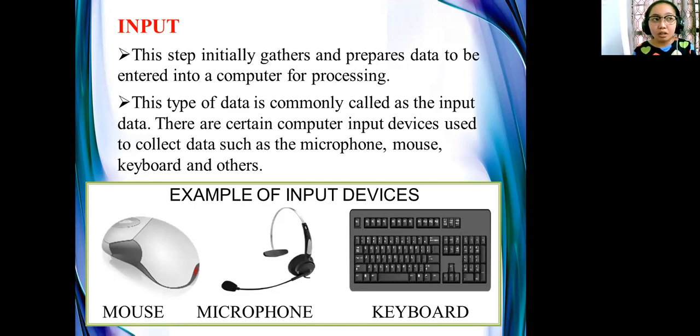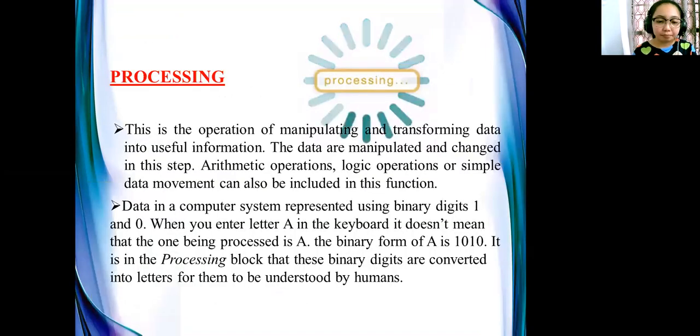Tapos after nun, kapag isa-save na yung process natin, save. Then yung output natin is meron na akong video or i-upload ko na siya doon sa Google Classroom natin. So yun yung nagiging transfer, ito yung nagiging process natin sa pamamagitan ng mga input devices. And of course, the keyboard. So para makapag-type tayo, kailangan natin ng keyboard.